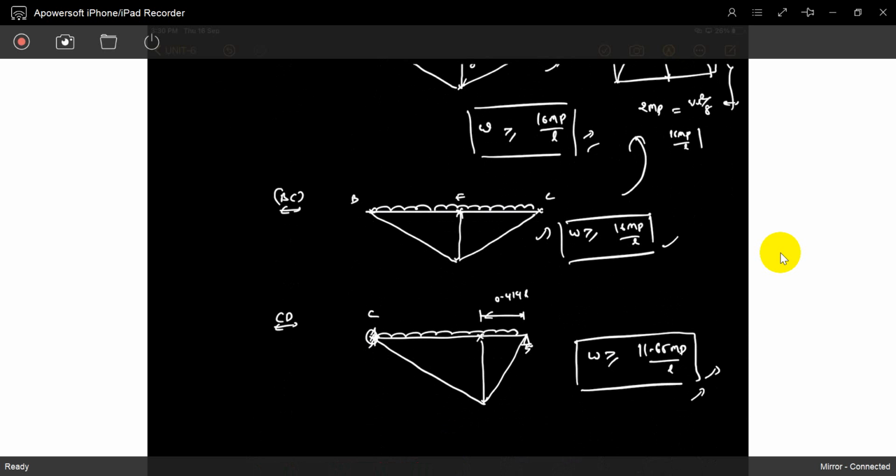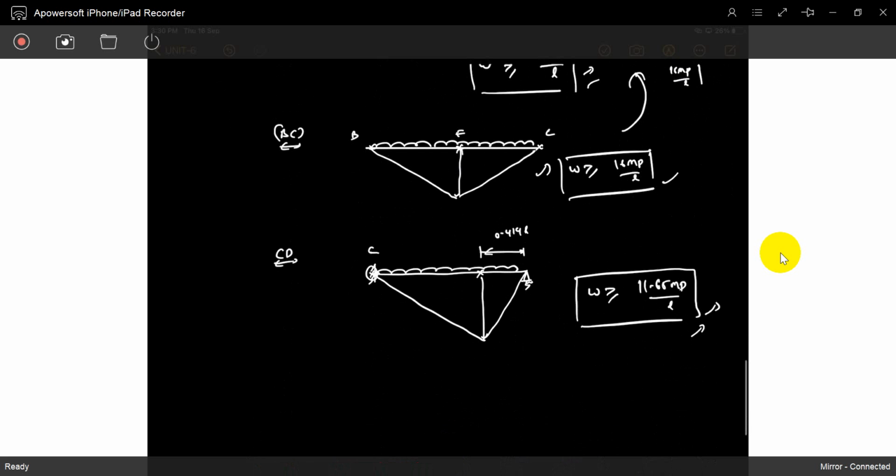Then only the three spans are safe. Otherwise, if W is something like 12 MP by L and you allow it, CD fails. CD enters into the mechanism state. AB and BC are in a stable situation only, they are not entering into mechanisms.